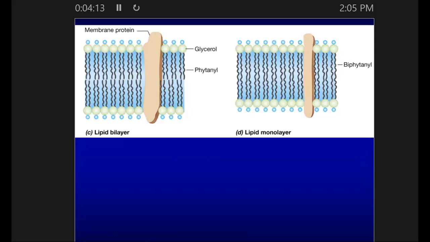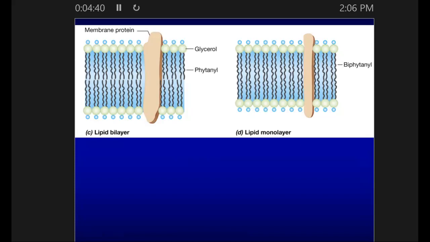Figure A is a bilayer because you have the image with a gap. But the monolayer idea is that those isoprene units just go solid all the way through. That make sense? Yes or no?